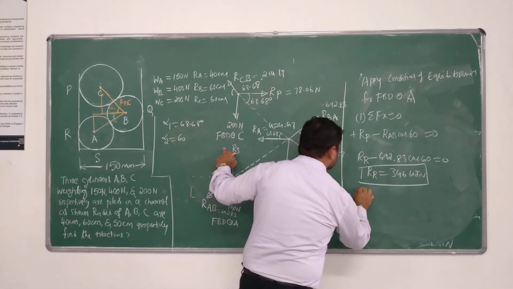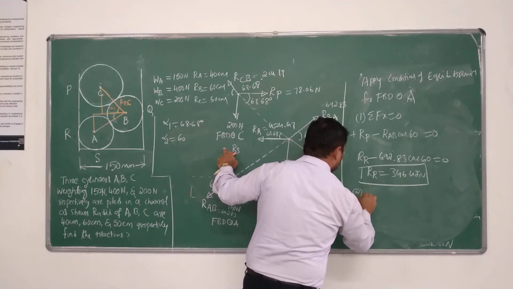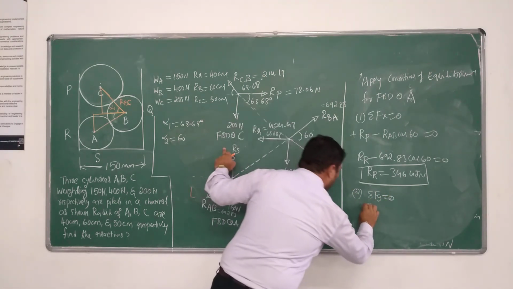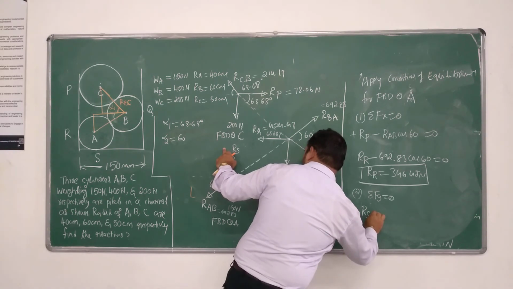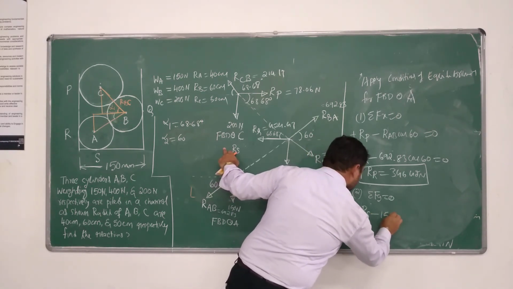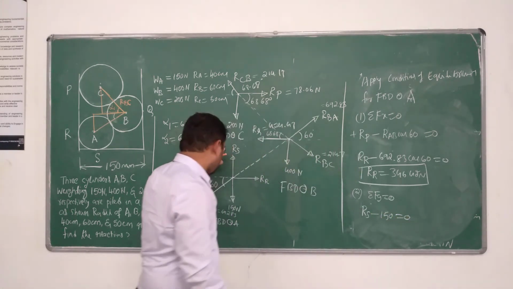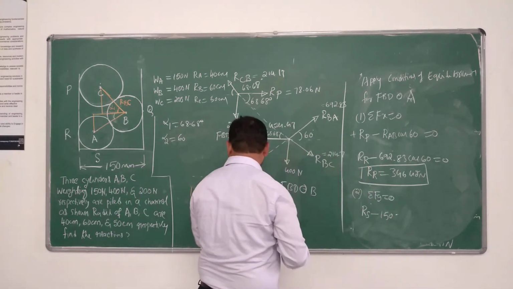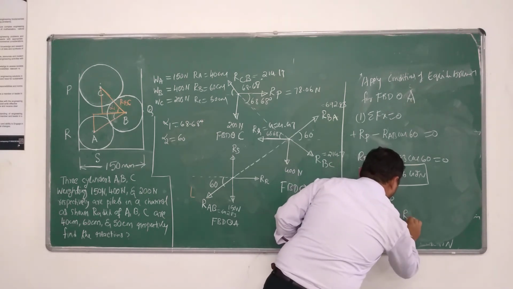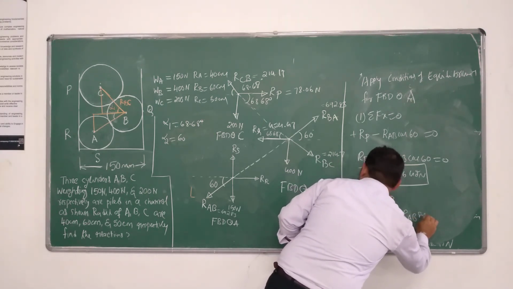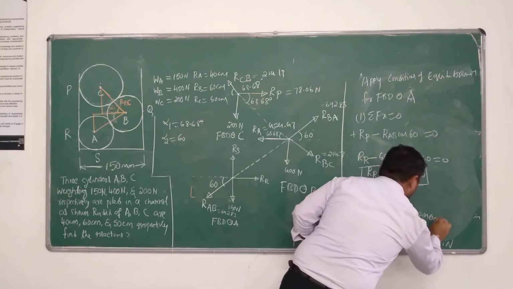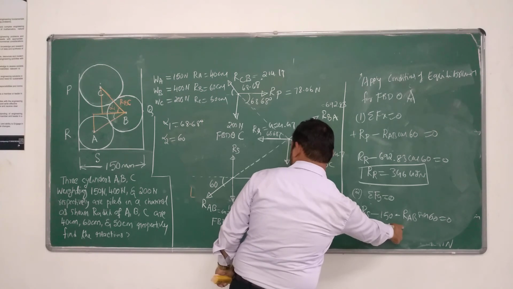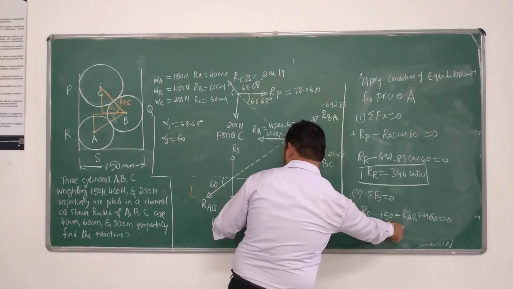Take the second condition of equilibrium, that is sigma Fy equal to 0. So RS, upward positive, minus the downward 150, minus RAB sin 60 should be equal to 0, resolving the inclined force to the vertical direction. RAB we have already calculated as 692.83.